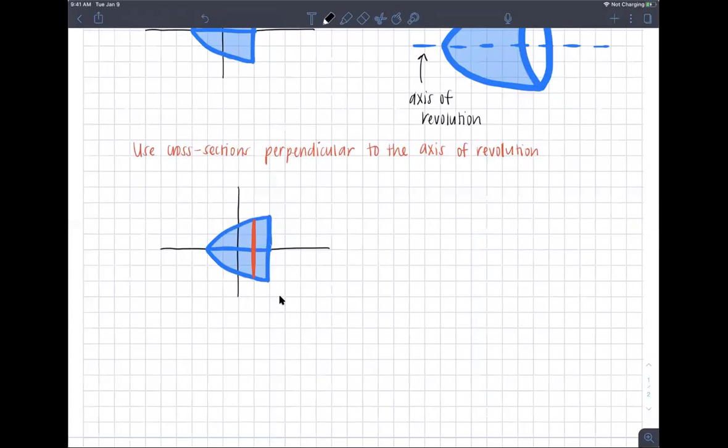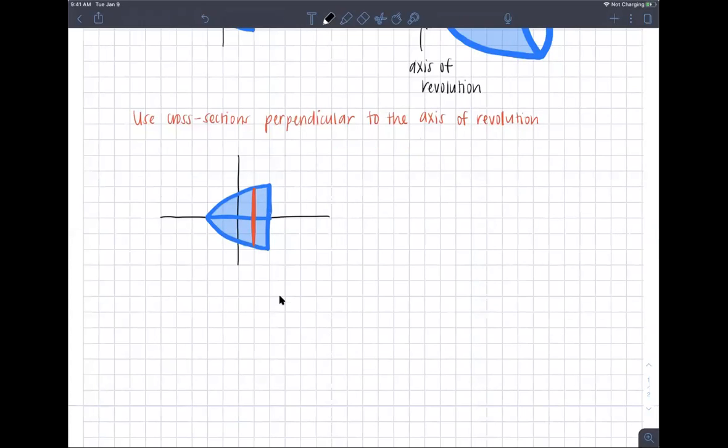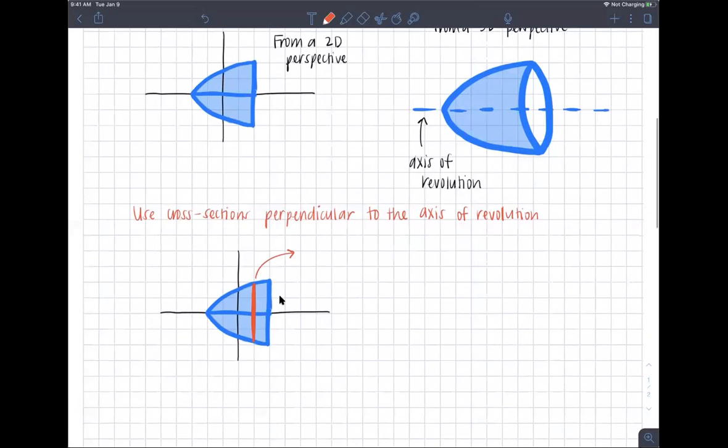Okay, so yeah, this is what our cross section is going to look like. And we're still going to do the same thing that we did in 5.6. We're still going to have top and bottom and everything like that, because when you pull this out, what is this going to look like? What shape is it going to have? So here, let me draw it on the 3D perspective.